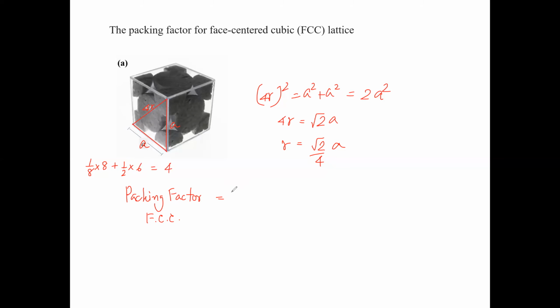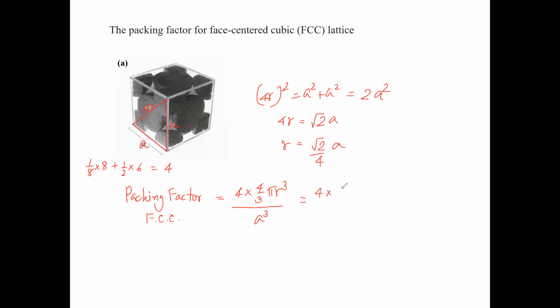So total would be 4. It's going to be 4 multiplied by 4 divided by 3 pi r cubed. So this is the volume of one sphere, but we have 4 solid spheres. Divided by, again, the volume of the cube, which is A cube.